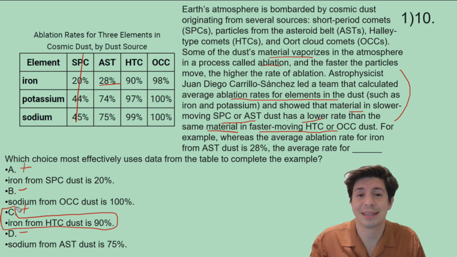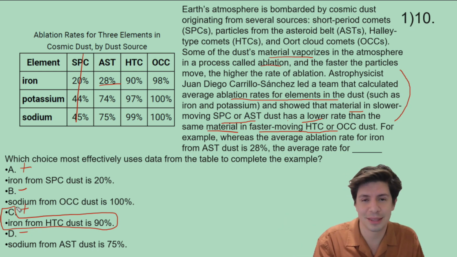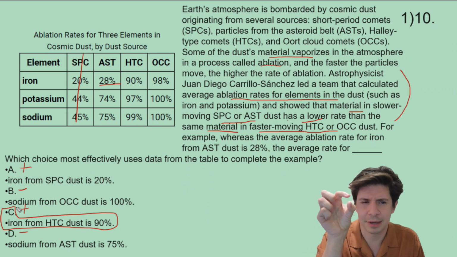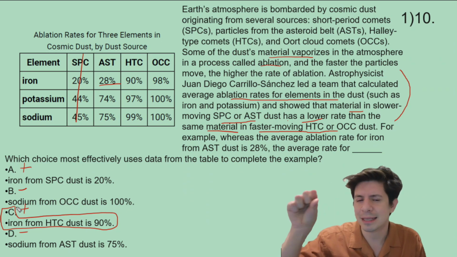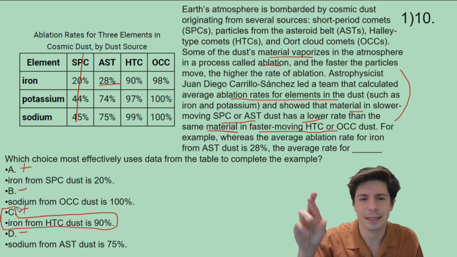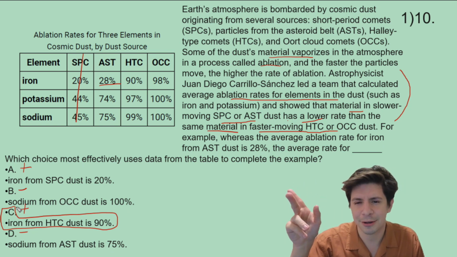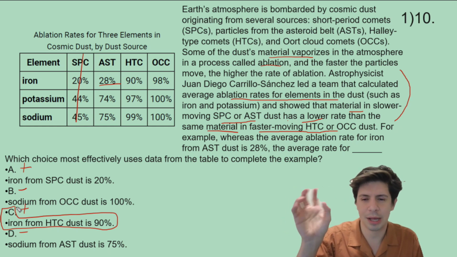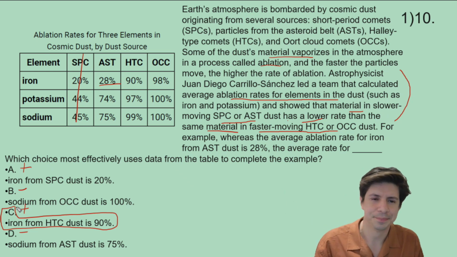So I don't even know what I'm saying almost, but I know what the answer is because I sort of broke it down bit by bit. Okay, I'm thinking iron, potassium, sodium. They say same material, so I'm going to focus on iron. So sodium, probably not, right? Then they're telling me this thing called SPC and AST, they have the lower rate. So I'm not going to be comparing them because I want to be comparing a low to a high rate to show the difference.